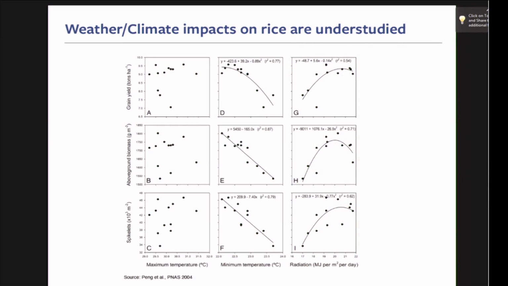And what you've got here is about a dozen observations that correlated different measures of how well the rice plants does to maximum temperature, minimum temperature, and radiation. So these are experimental farms where you get sort of one observation per year, and you sort of see how that does over time. This is, to me, a good example of a really, really important subject that is very much understudied.